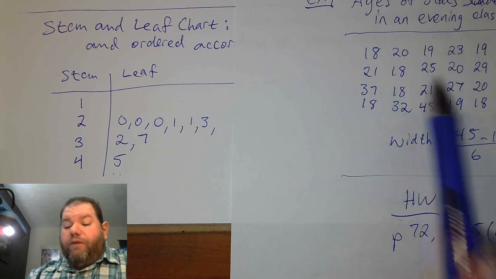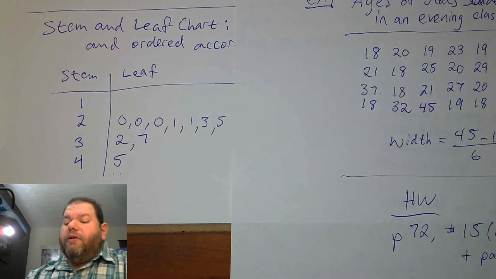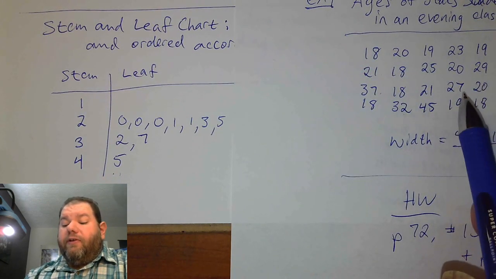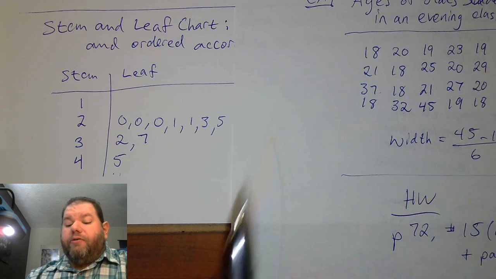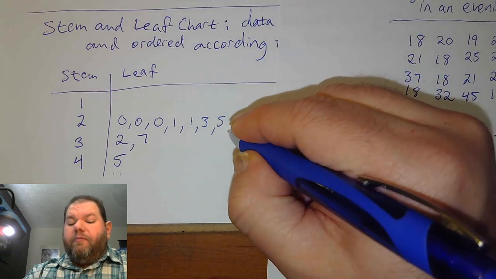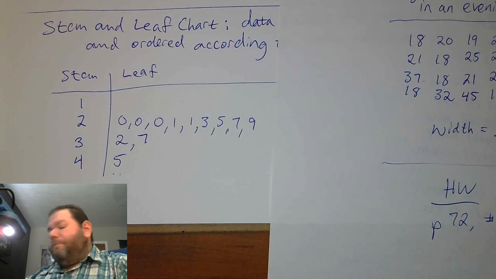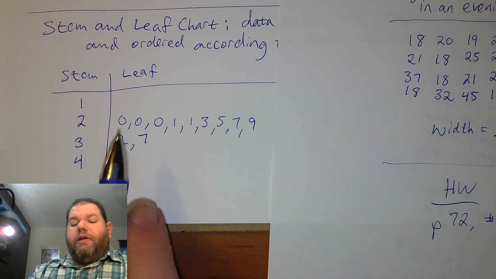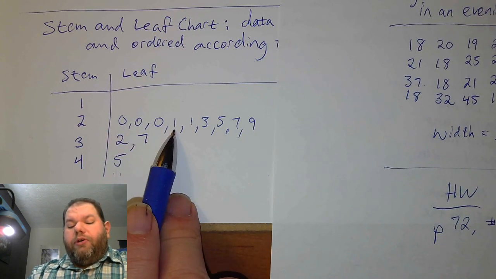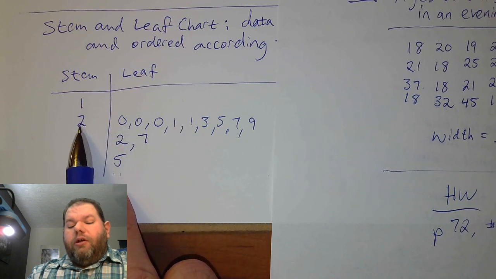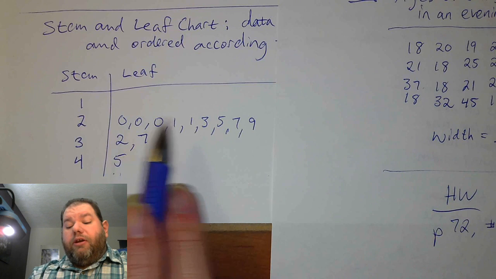We have a 25-year-old, I believe, is next. So that's a 5 that we'll write down. No 26-year-old. Then we have a 27-year-old and then a 29-year-old. Okay? And so again, this is 20, 20, 20, 21, 21, 23, 25, 27, and 29.